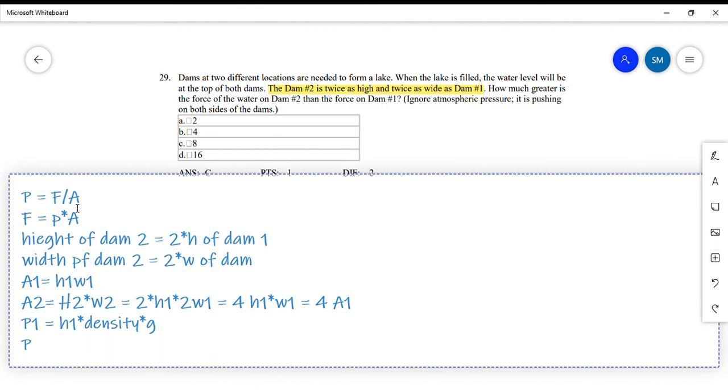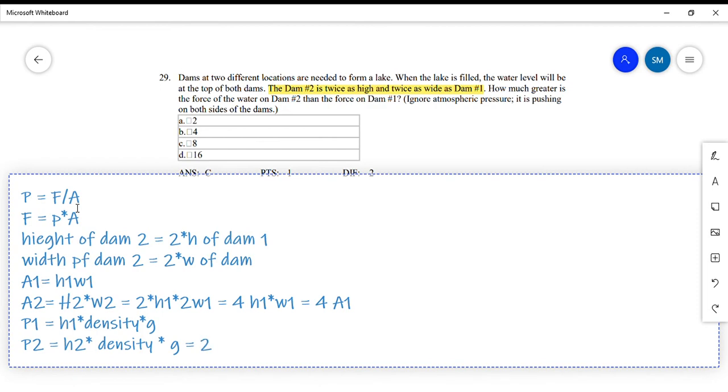P2 is simply equal to H2 times density times G. I just said H2 is equal to 2H1.